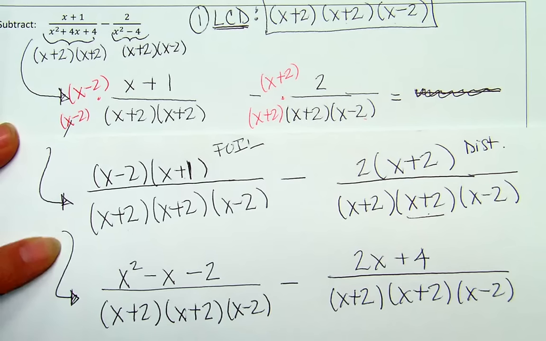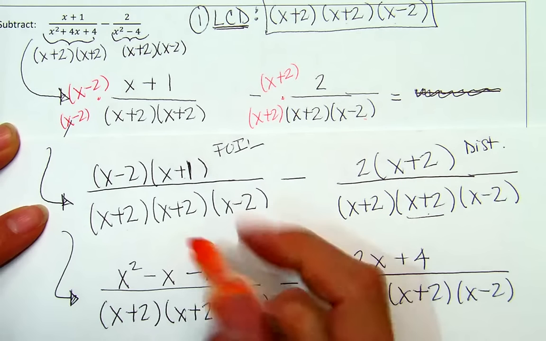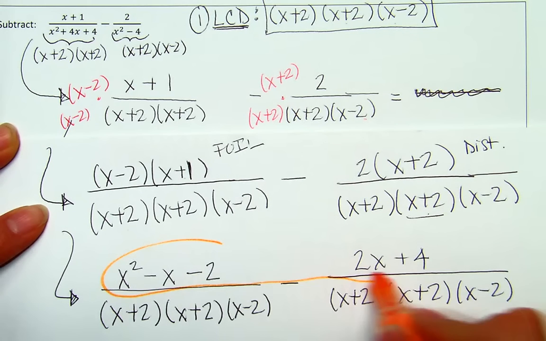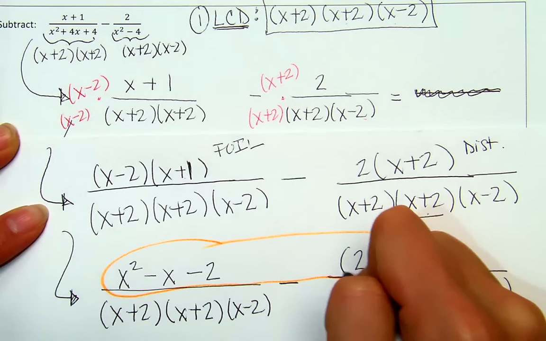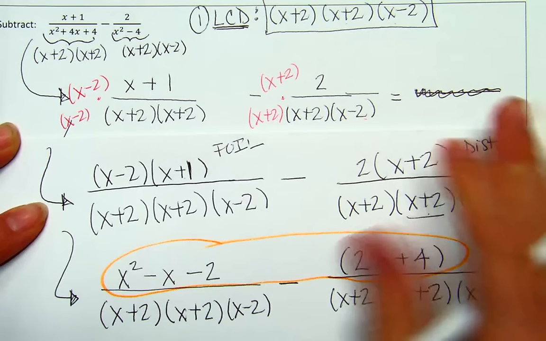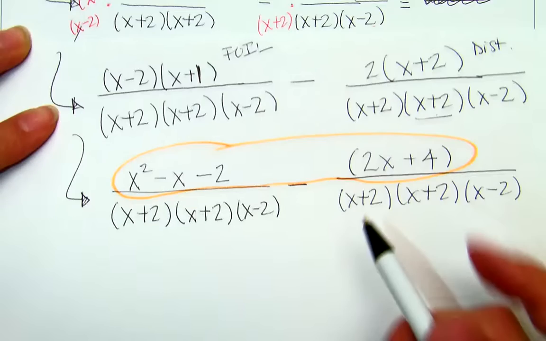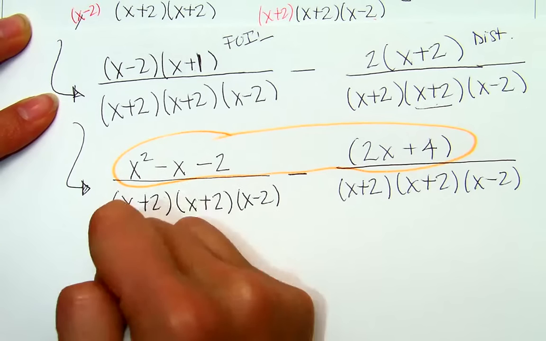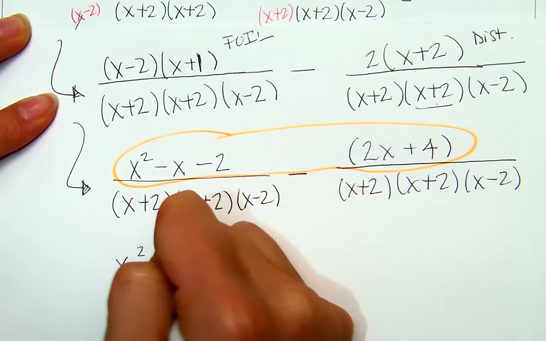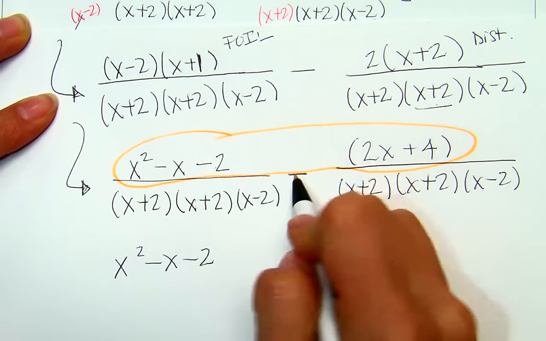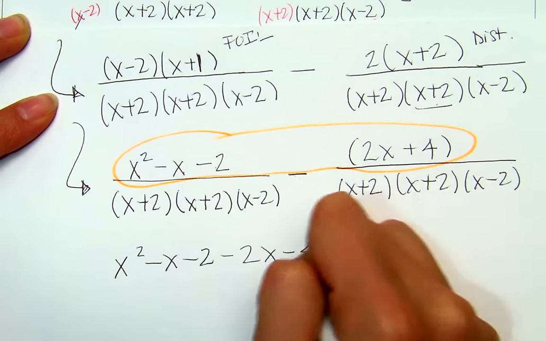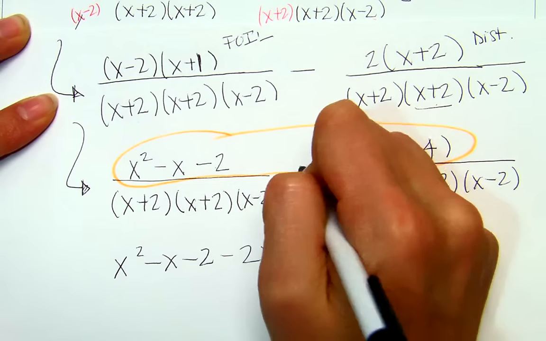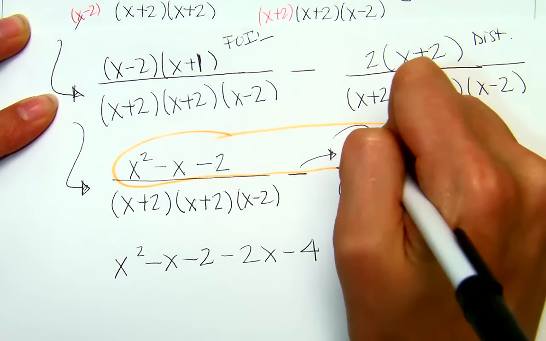So now we can take our entire numerator and combine our like terms. But just remember, we're subtracting this whole group up top. So if we rewrite this numerator, we should get x squared minus x minus 2 minus 2x minus 4, because this negative gets distributed to both terms.